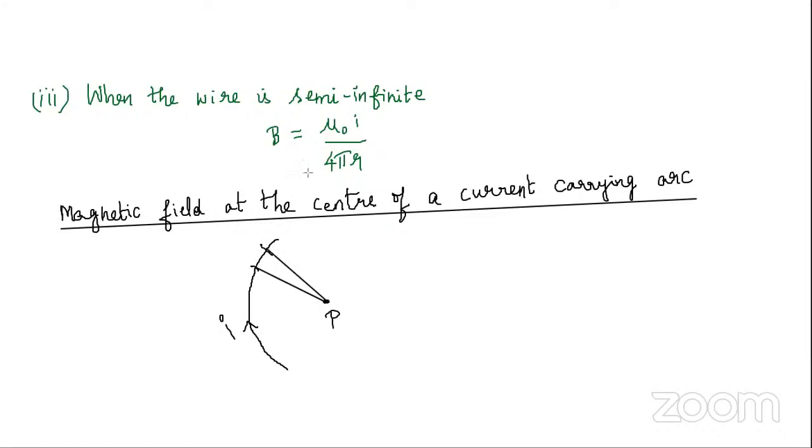This is d theta, and this is the small portion of the wire dl.